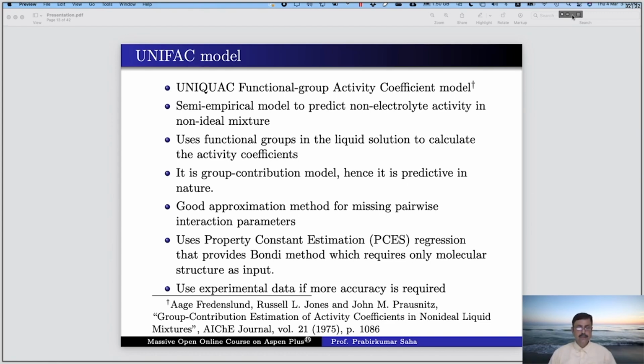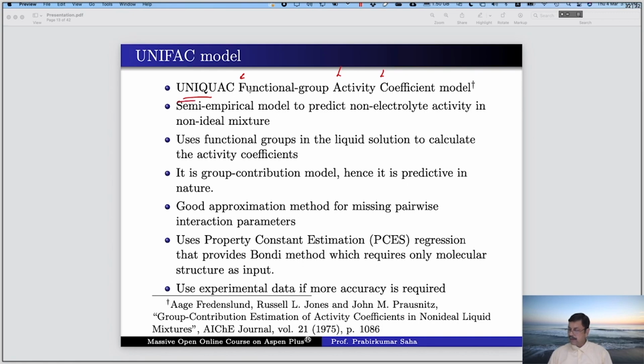Now we have heard of UNIFAC model, but we have never used it till now. The question is, what is UNIFAC model? UNIFAC model is a short form of Uniquark functional group activity coefficient. So UNI-FAC.